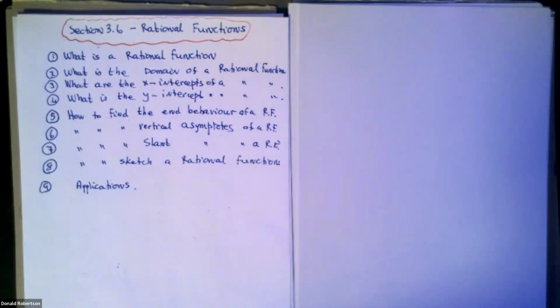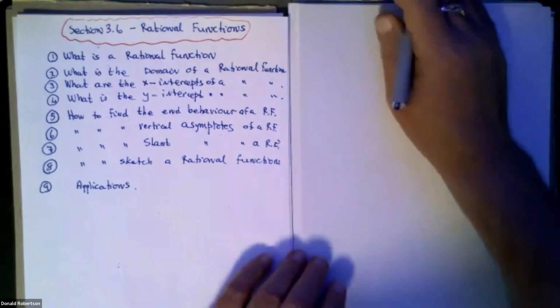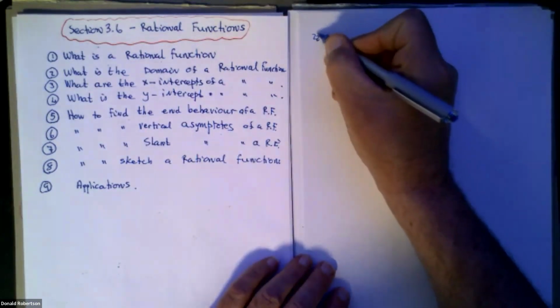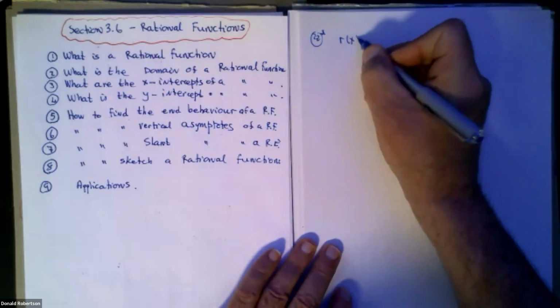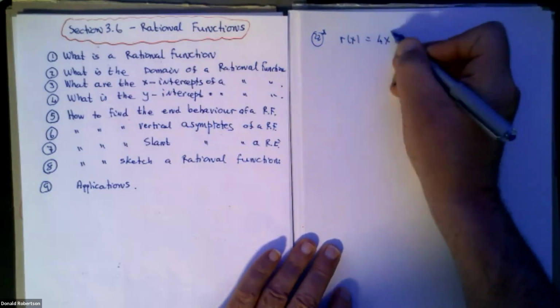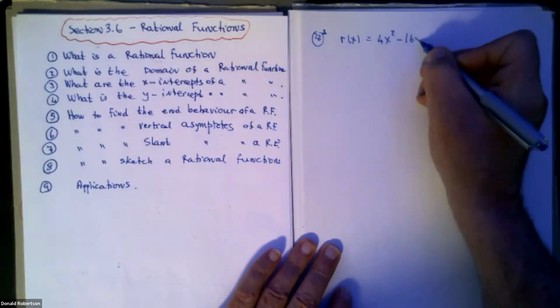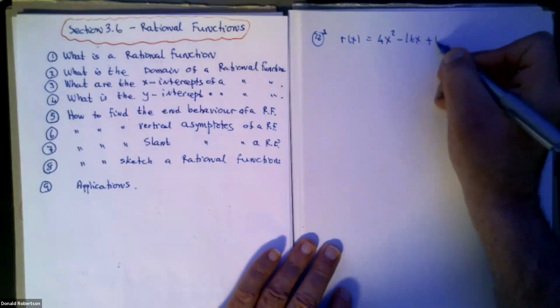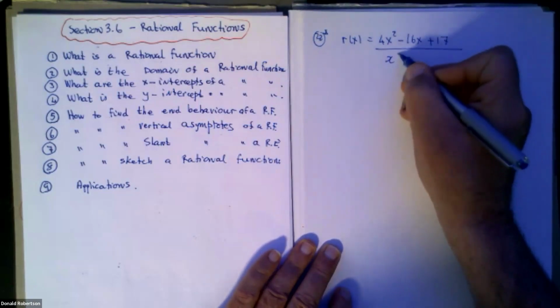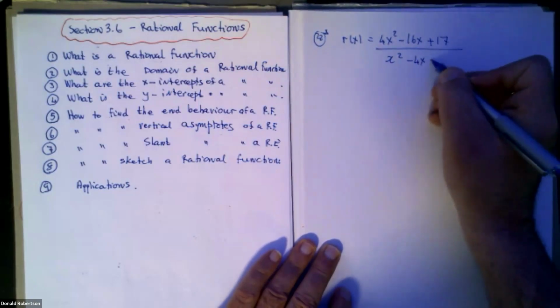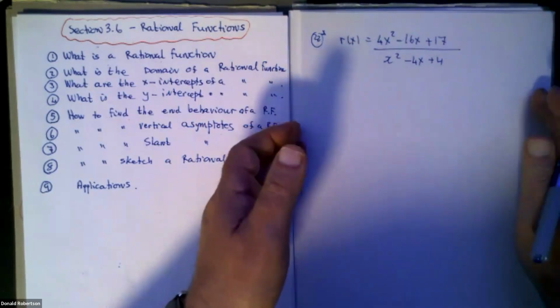Okay. What I'm going to do is similar to question 22. So we have 4x squared, take away 16x, plus 17, and this guy is going to be x squared, take away 4x, add 4.